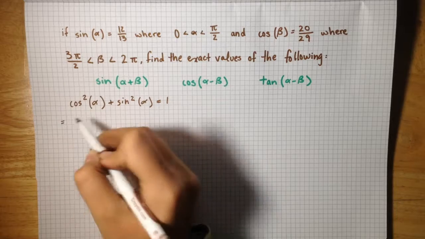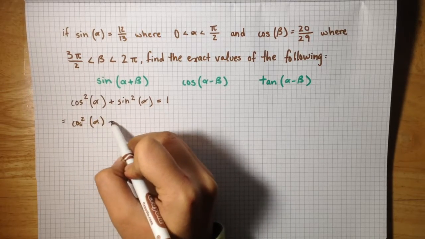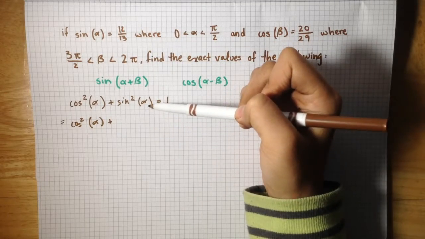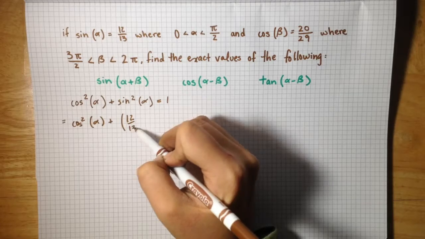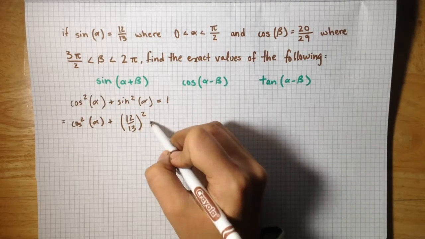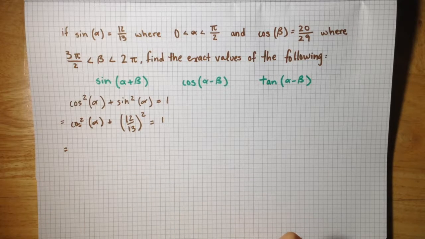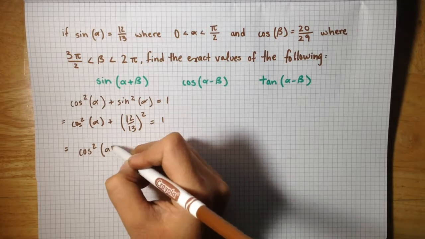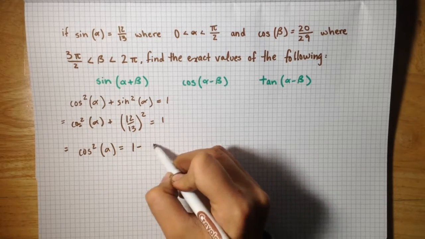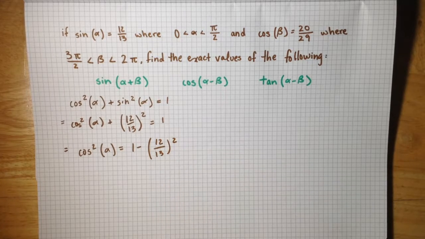We're going to substitute sine of alpha is 12 over 13. So 12 over 13 squared equals 1. Rearranging the equation to equal cosine squared of alpha equals 1 minus 12 over 13 squared.